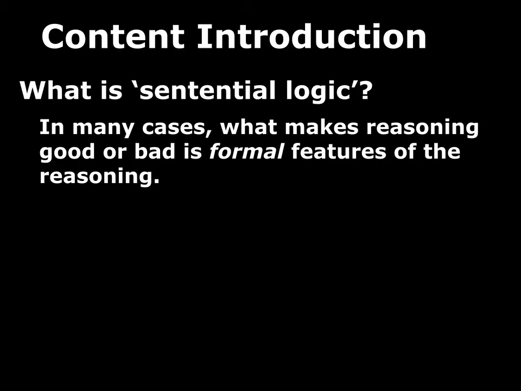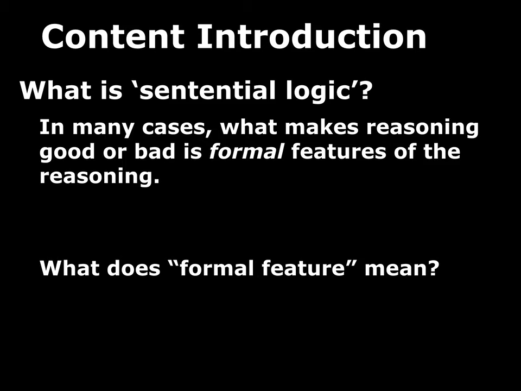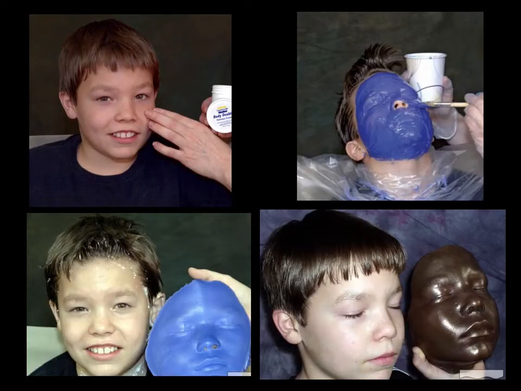Well, in many cases, not in every case, but in many cases, what makes a piece of reasoning good or bad is the formal features of that piece of reasoning. What do I mean by a formal feature? Well, first, here's an analogy. You've got a kid who has a face, and the face, there's 2 components of the face, right?